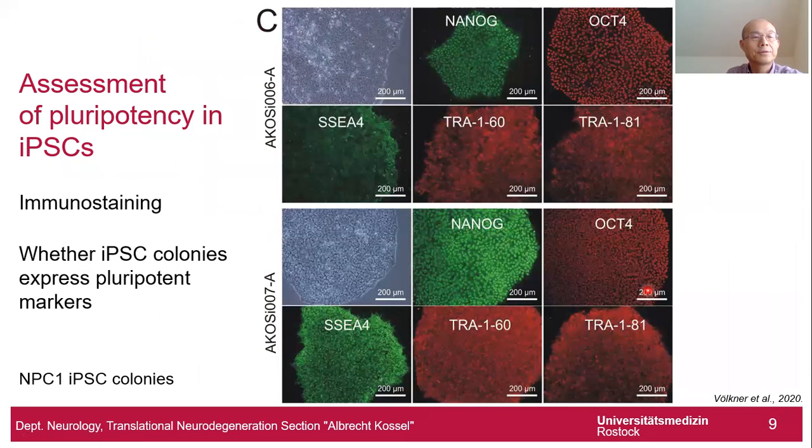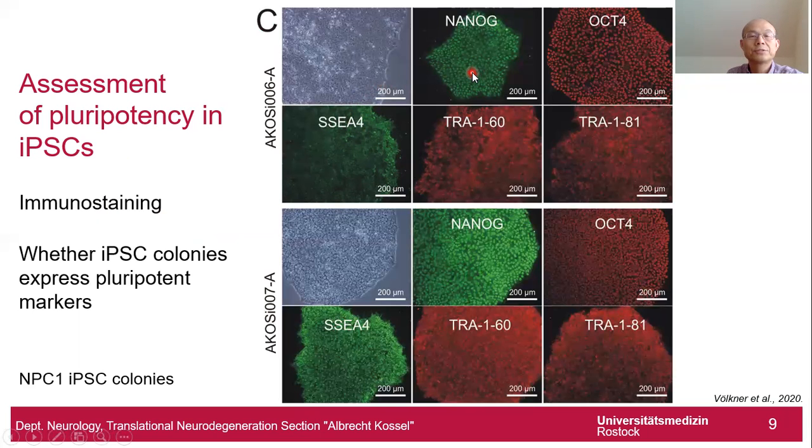This figure shows the assessment of pluripotency in iPS. Immunostaining is performed to identify whether iPS clones express pluripotent markers.